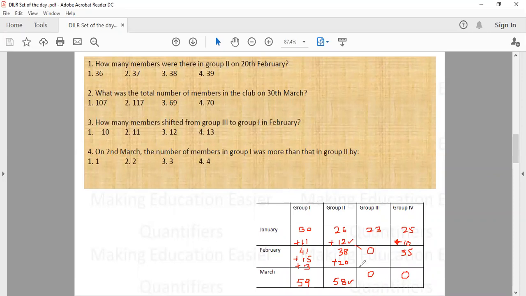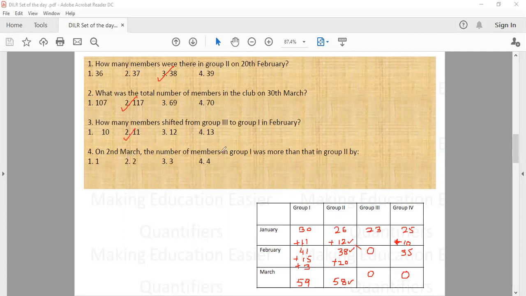On 20th of February means after the addition of the new members. So answer is 38. What is the total number of members on 30th March? On 30th March means sum of these two values, 59 plus 58, which is 117. How many members shifted from group 3 to group 1 in February? So from group 3 to group 1, 11 members were shifted. So answer is option 2.